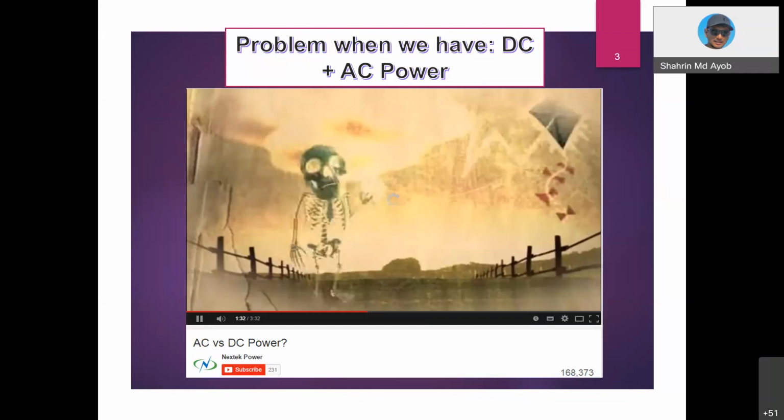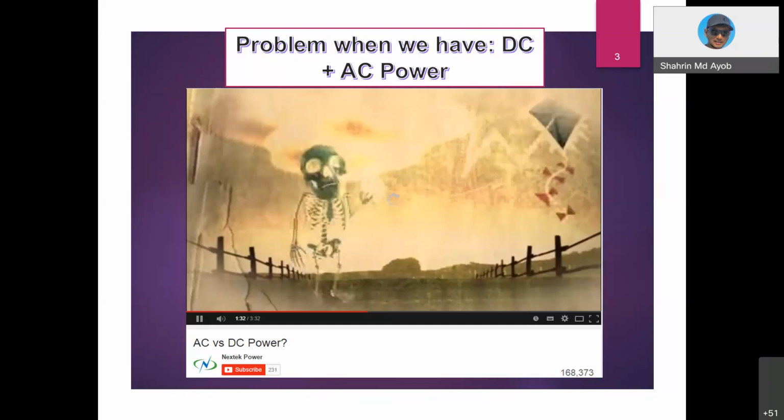For example, our LED lamp. Before this, we used tungsten bulbs and fluorescent bulbs, which are AC and not very efficient. Now we want efficient lighting, so we convert to DC loads. So most of our home loads right now are DC.